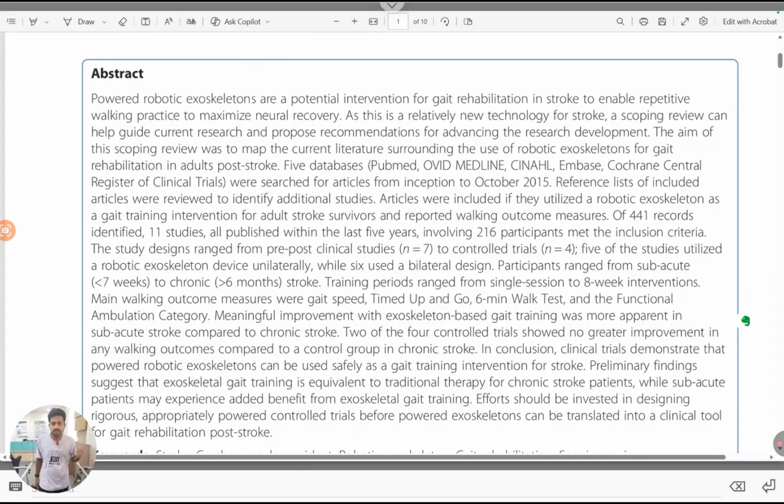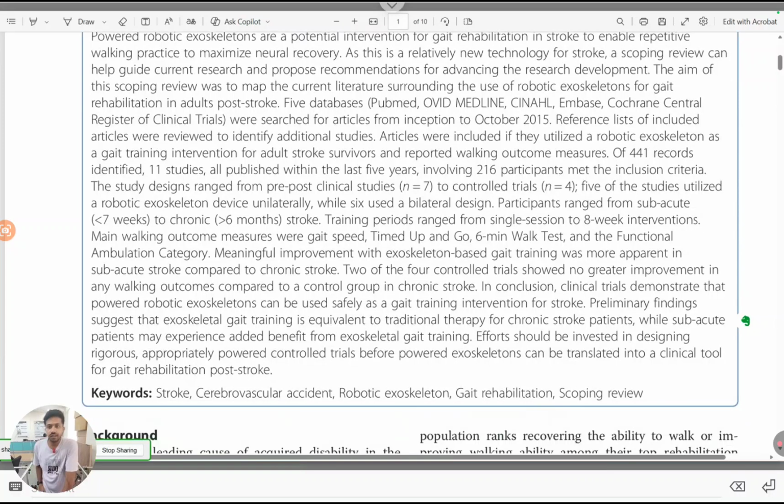Preliminary findings suggest that exoskeletal gait training is equivalent to traditional therapy for chronic stroke patients, while subacute patients may experience added benefit. Efforts should be invested in designing rigorous, appropriately powered controlled trials before powered exoskeletons can be translated into a clinical tool for gait rehabilitation post-stroke.